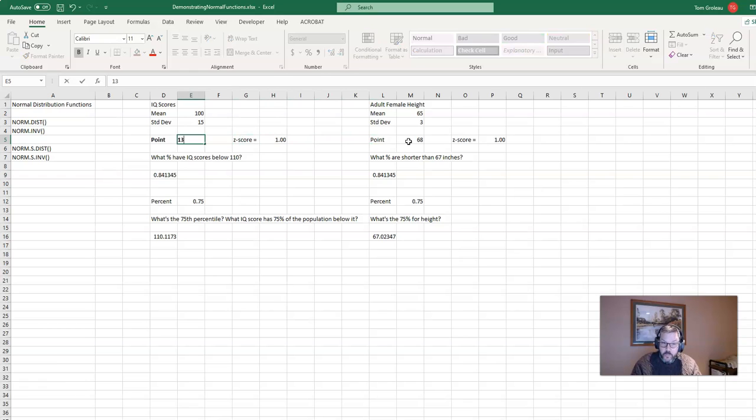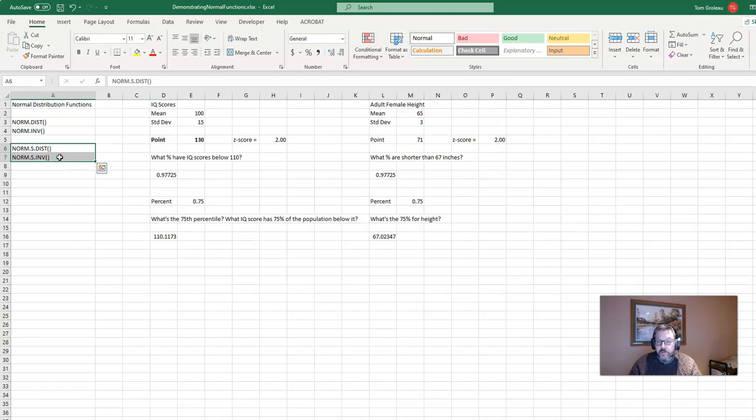If I go 2 standard deviations above the mean, they act the same, even though they're completely different distributions. And the fact that they act the same is what the standard normal is.